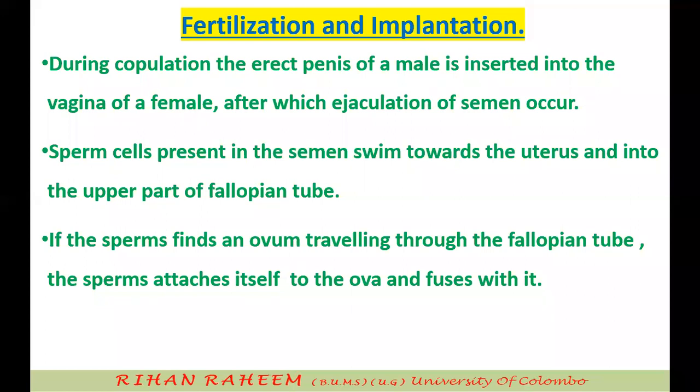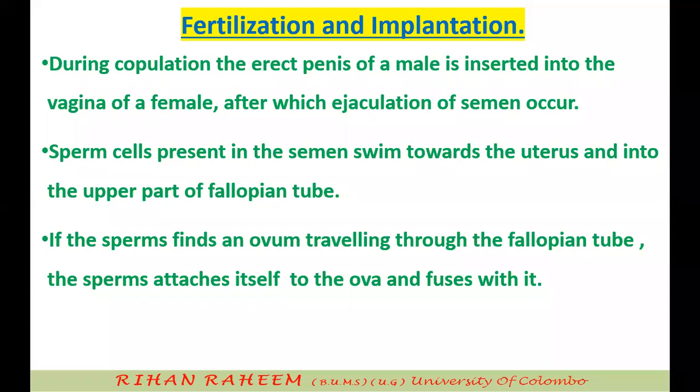On which day can they find it? On the 14th or 15th day, because on the 14th day it will be released and on the 15th day it will be on top. If copulation happens on the 14th day, there is a high chance to become pregnant. All the other days, no chance.